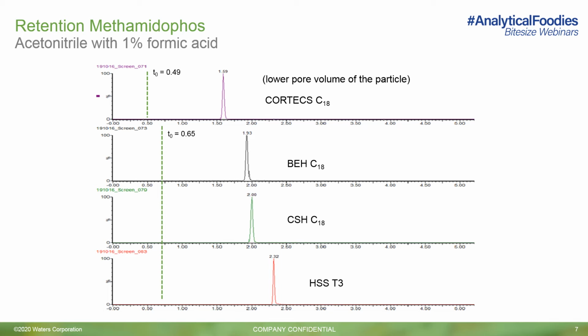Methanol is a protic solvent, whereas acetonitrile, the stronger of the two solvents in terms of reversed phase elution, is an aprotic solvent. Looking again at methamidophos, you can see that, as expected, when using acetonitrile, the compound elutes earlier on the 4 columns than in the previous slide where methanol was used.